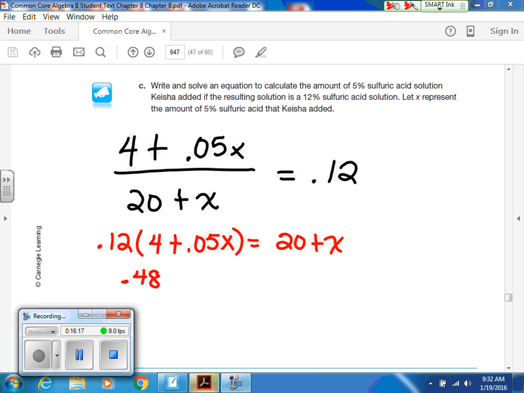Is that right? No, 4.8. 2.4 plus... Okay, 4 plus 0.05. Oh, I didn't cross multiply right. Hold up.